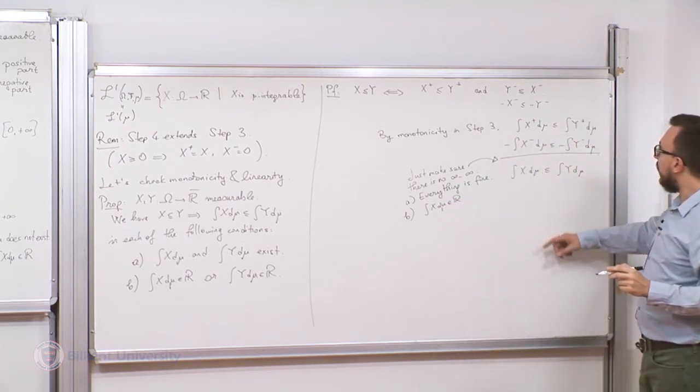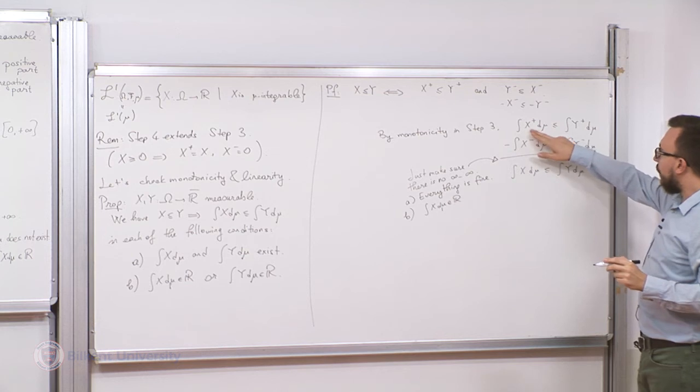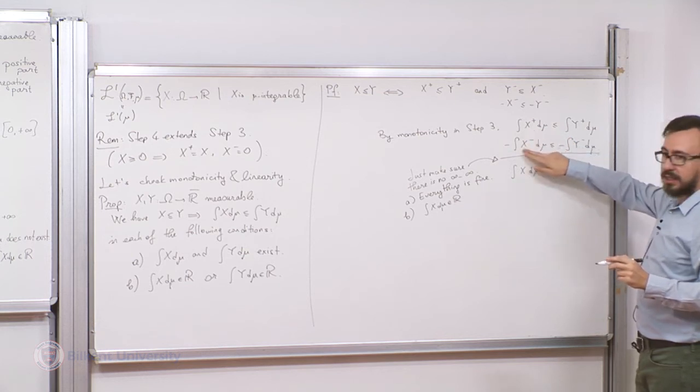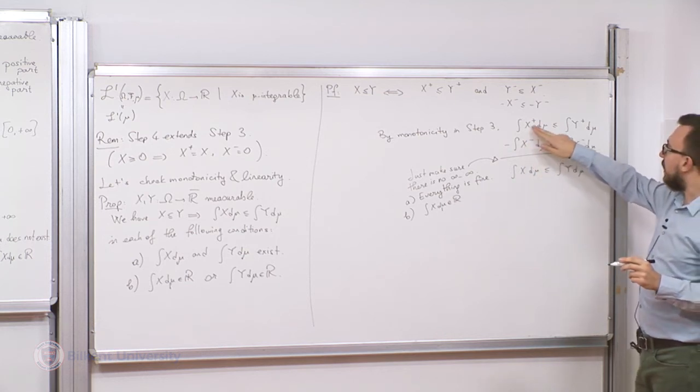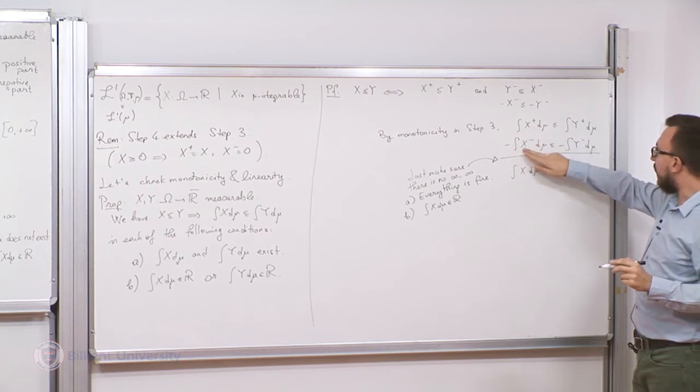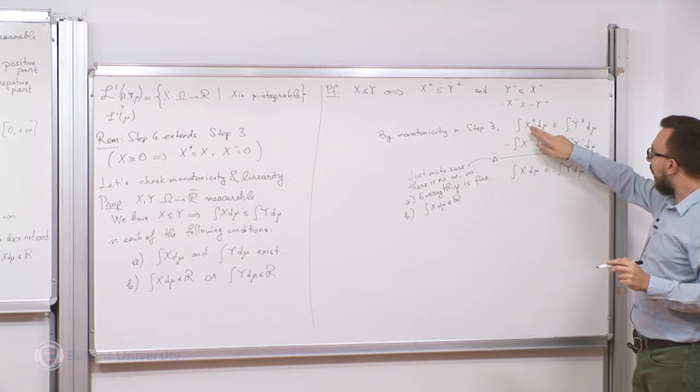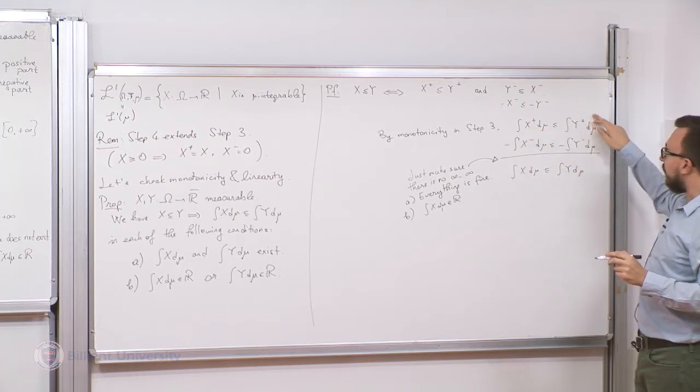So what does that mean? Well, the integral of x plus and the integral of x minus are both finite, right? This is a finite value, and this is a finite value. So if this is a finite value, this can still be plus infinity.